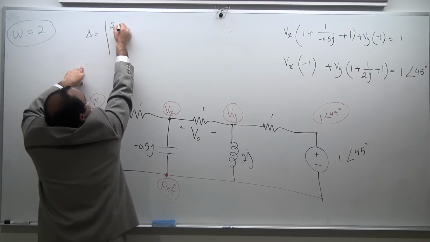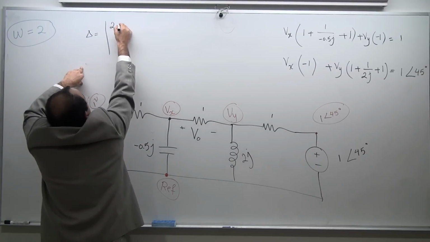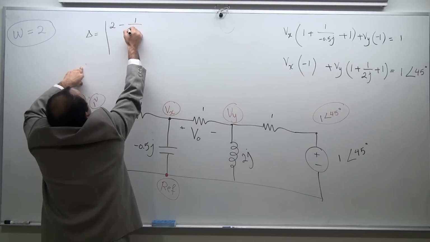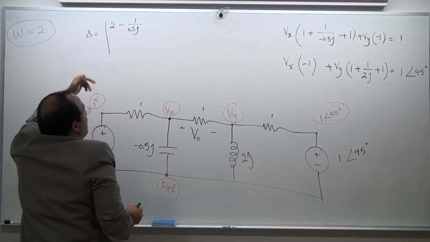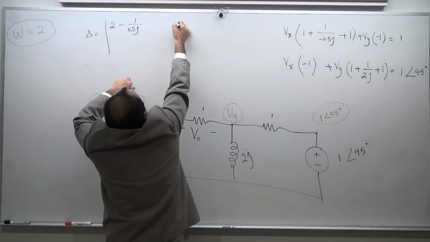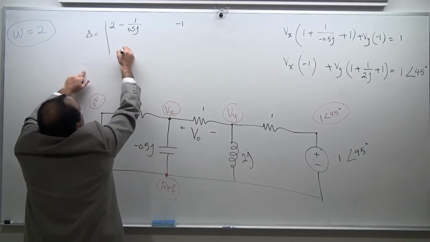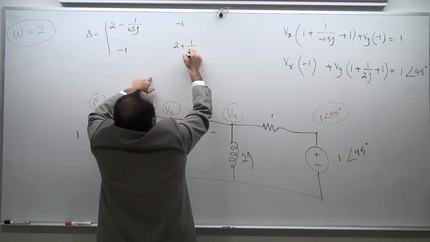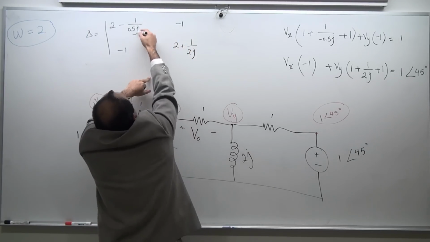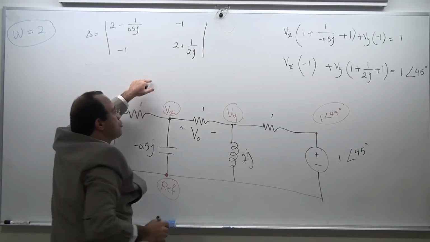You can bring the minus sign on top, minus 1 over 0.5j, or even leave this like this, that's fine. Minus 1 is fine. Minus 1, I have it. 1 and 1 is 2 plus 1 over 2j. You can always say 1 over j is minus j and have it in better shape.